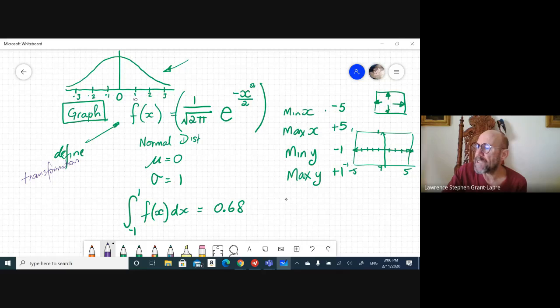I want to stretch it out so we have 10, 20, 30, -10, -20, -30. How do I stretch that out? How do I make it go a factor of 10 from the y-axis? How do I do that?